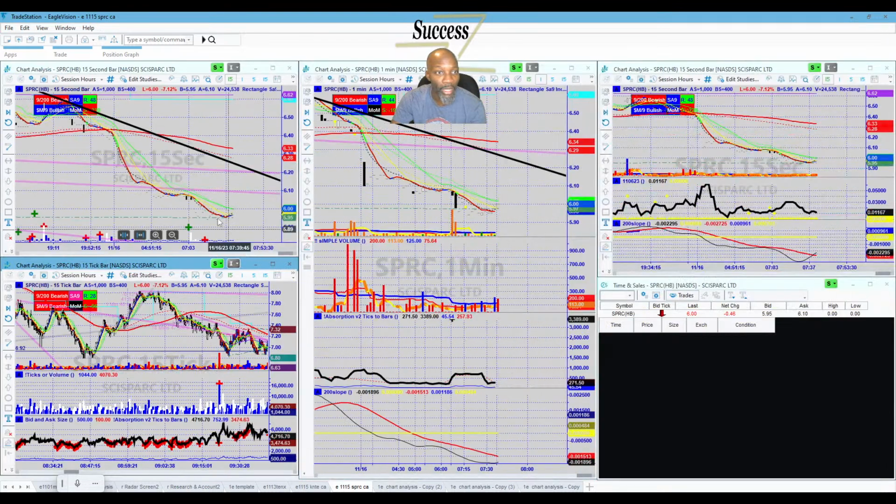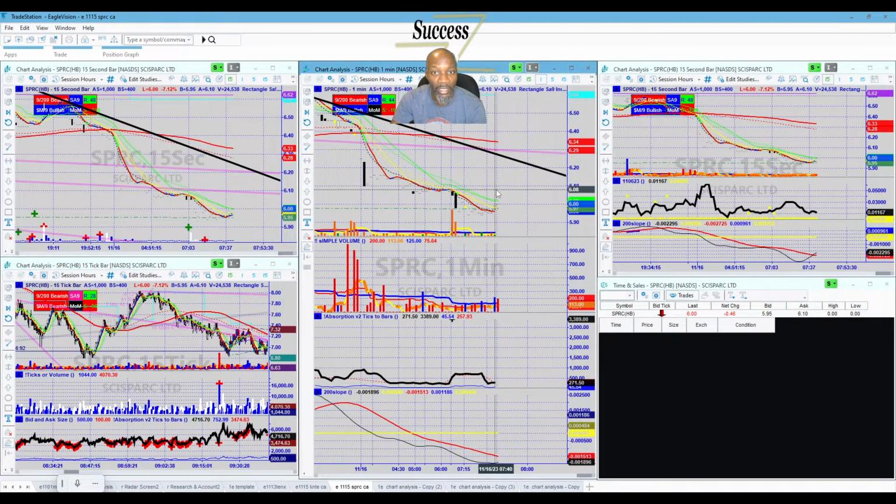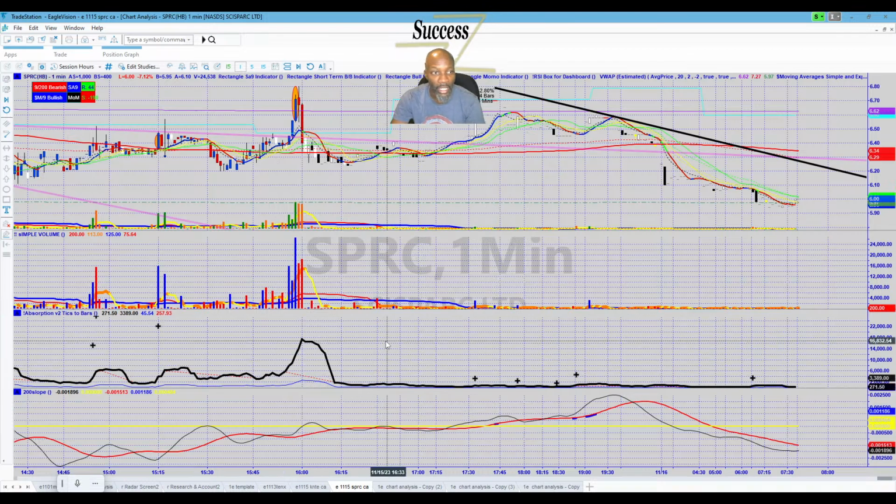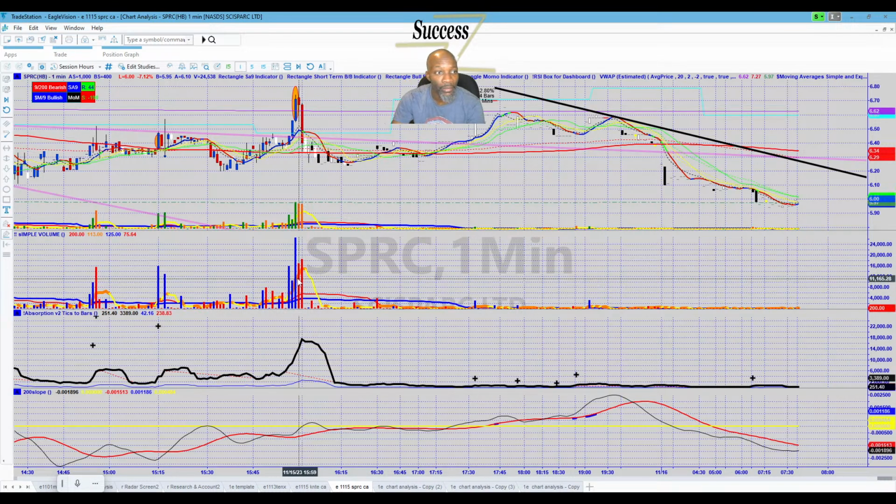Now I think on the 1 minute time frame, I don't have that, because I didn't find that it was as applicable there. I do have something called absorption versus ticks, and that works with the same idea as the ticks, which are volume. Some of the same premises.